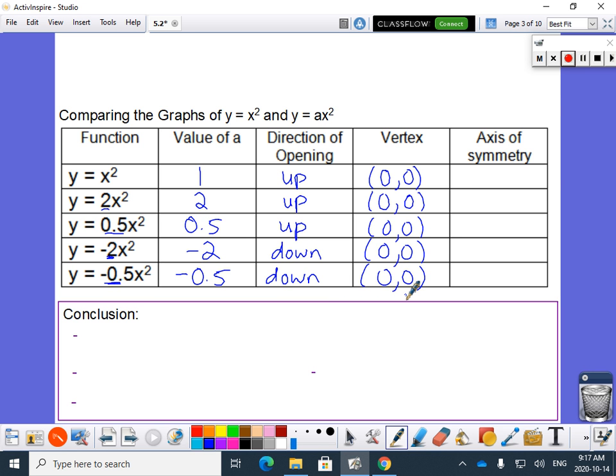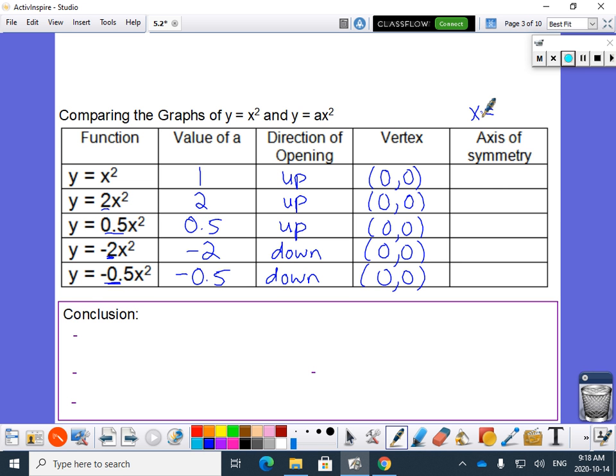And then lastly, the axis of symmetry. Who can remember, where do we get that value from? X equals. We did this like a couple weeks ago. If this is our vertex, and our axis of symmetry we always say is x equals, well, where does that x value come from? The vertex. Okay, so we can't forget that the axis of symmetry is always the x value of the vertex.